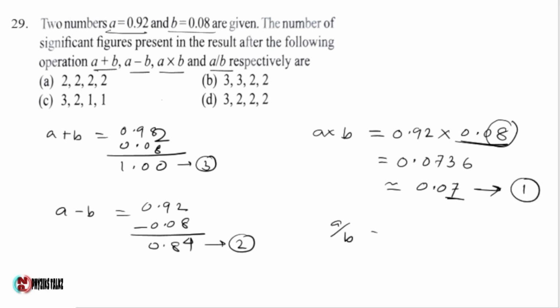And A by B is given as 0.92 by 0.08, which gives 11.5, but the answer is written as 10, as the 0.08 has one significant digit, so the answer should be in one significant digit. So the division also has one significant digit. So the correct option is 3211. So the option is option C.